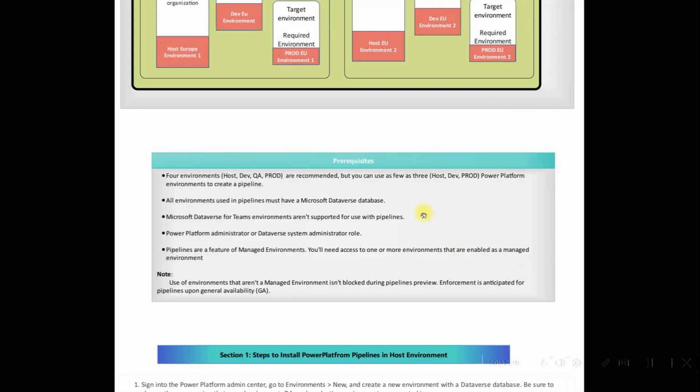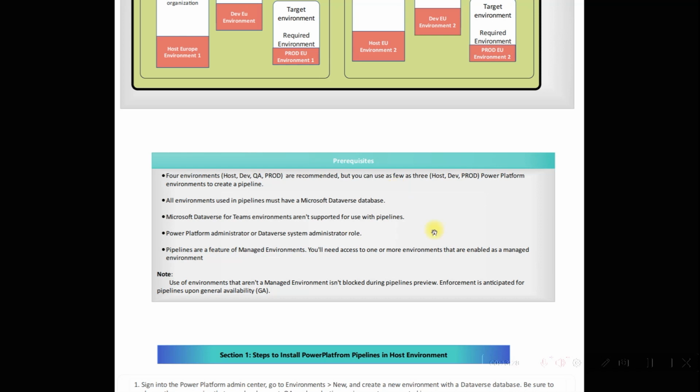Before creating the environment, let's talk about the prerequisites. Microsoft recommends 4 environments like the host, dev, QA and prod, but we can use as few as 3 Power Platform environments to create the pipeline. All the environments used in the pipelines must have a Microsoft Dataverse database. And Microsoft Dataverse for Teams environments are supported for use with the pipelines.